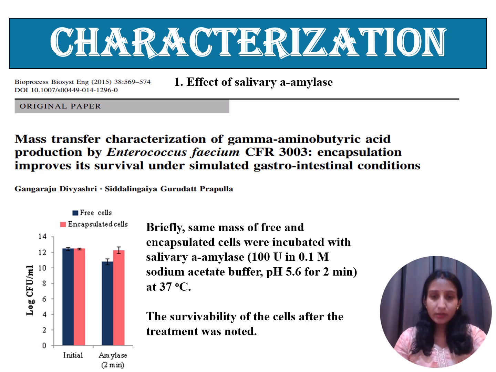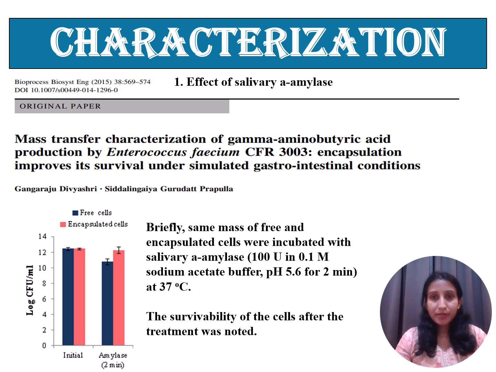In the saliva, salivary alpha amylase is a key enzyme that catalyzes the hydrolysis of dietary carbohydrates. Importantly, the alpha amylase activity affects the viability and physiological state of probiotics during their transit through the oral cavity, thereby influencing their ability to colonize or exert functional effects downstream in the gut.